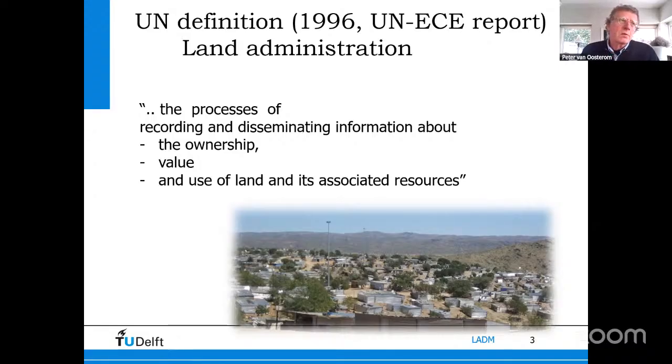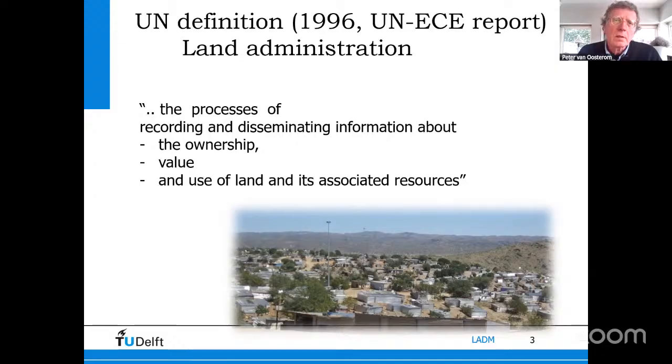So associated resources can be natural resources like water, rivers with fish, or mines with metals or oil. But it can also be buildings or roads or infrastructure, utilities. We would really like to know who is owning what to organize our society.